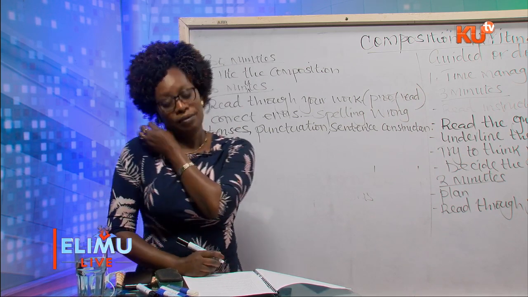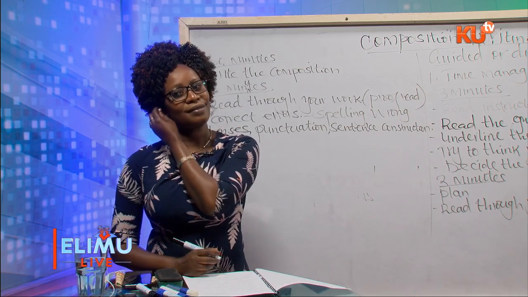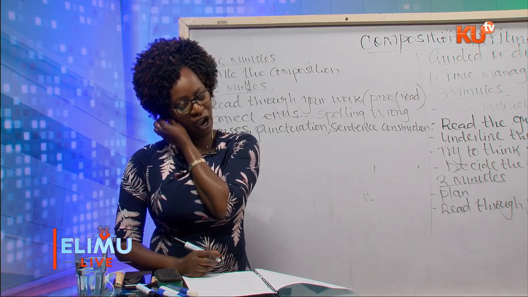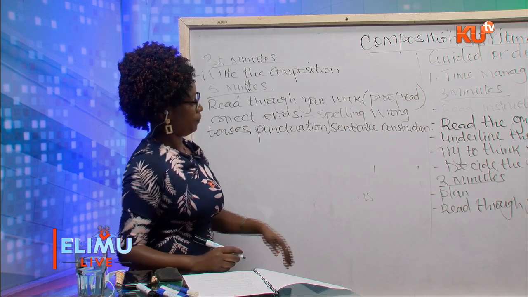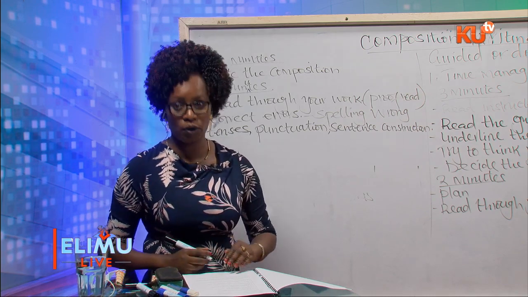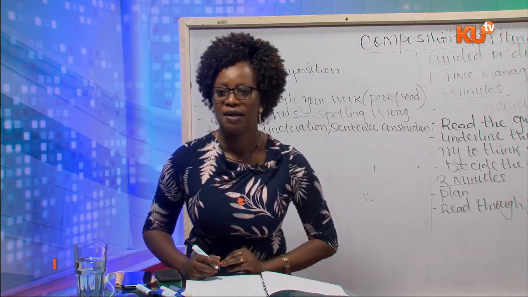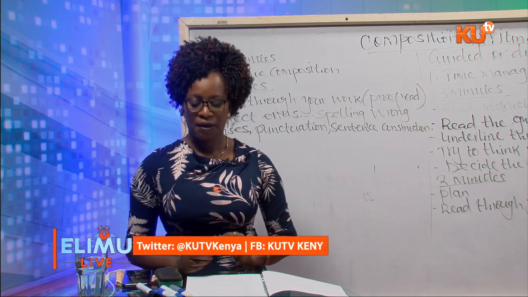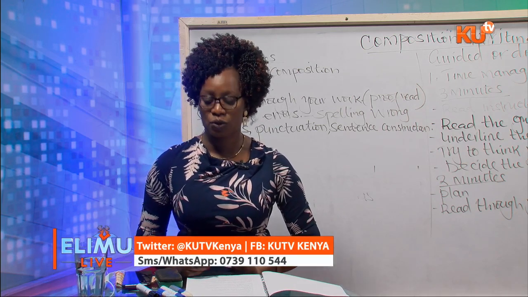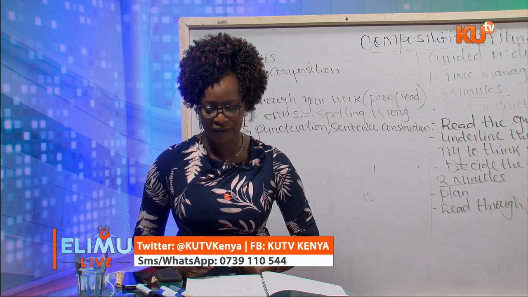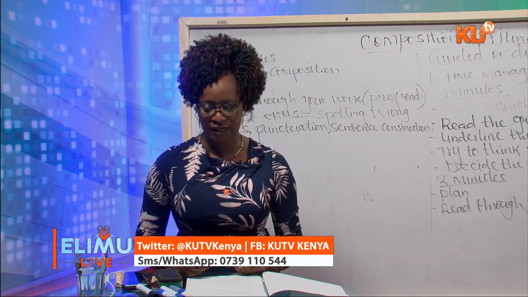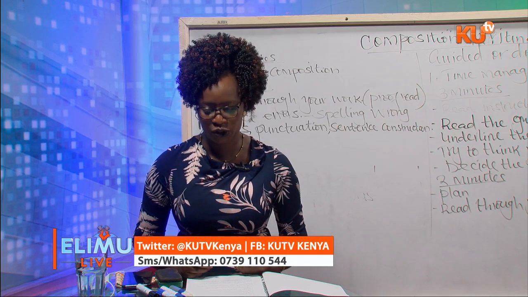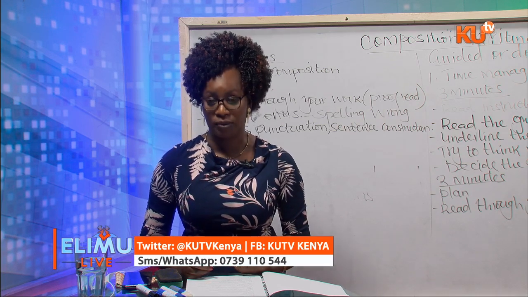So now, this is how we manage our time in the composition. Just to go through, we have said in the first 3 minutes, read instructions, read and understand the given lines or the paragraphs, underline the keywords, then try to think what you are going to write about, decide on the story you are going to write about.